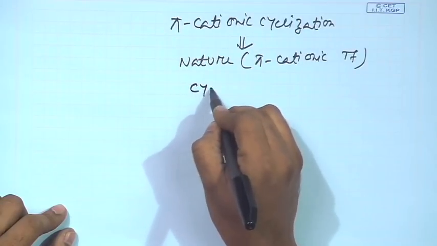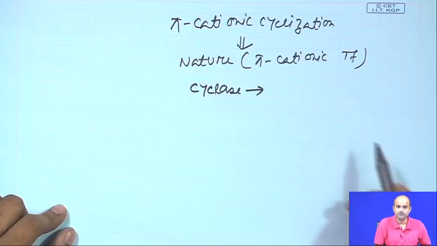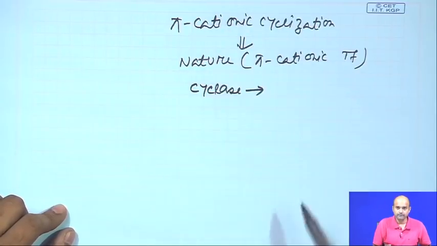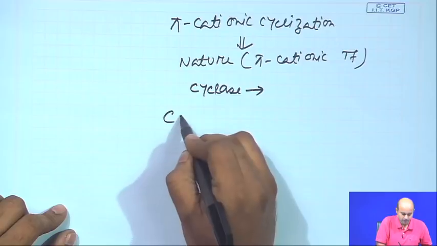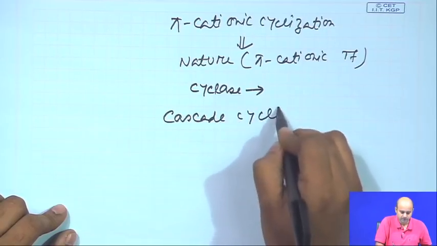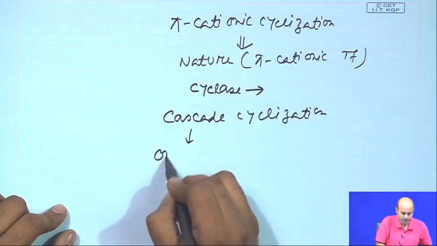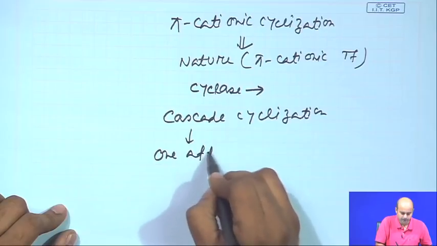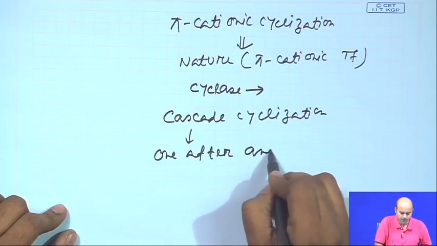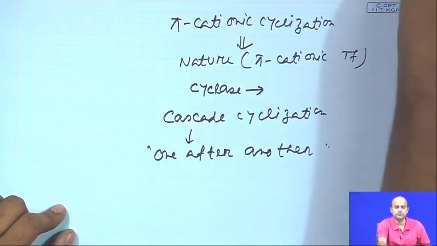Nature has enzymes, and these enzymes are basically known as cyclase enzymes. These enzymes react as I showed; sometimes you can call this reaction a cascade cyclization. Cascade basically means one after another. It is a one pot reaction, and the chemical logic is very clear.